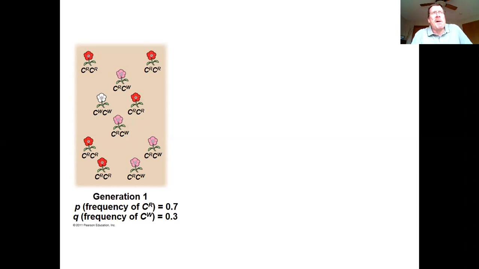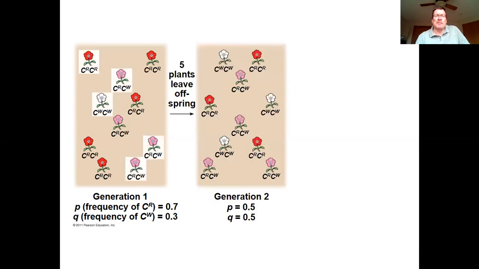But remember, not every organism in any population that gets to reproductive age reproduces, right? So you had a small sample size here, and only 5 of those plants had offspring, as opposed to the whole 10. And if you look at the offspring that came through, now you've got a 50-50 frequency of the allele.